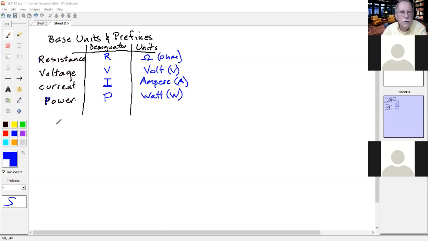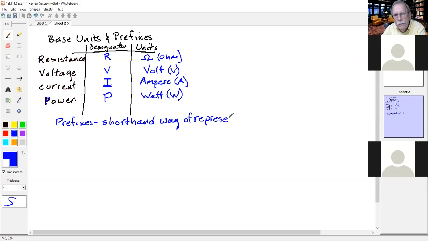As far as the prefixes go, prefixes are nothing more than a shorthand way of representing powers of 10.